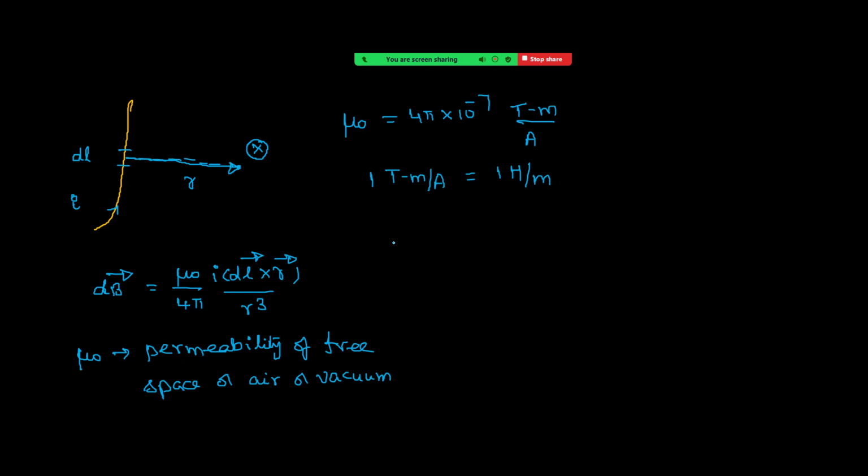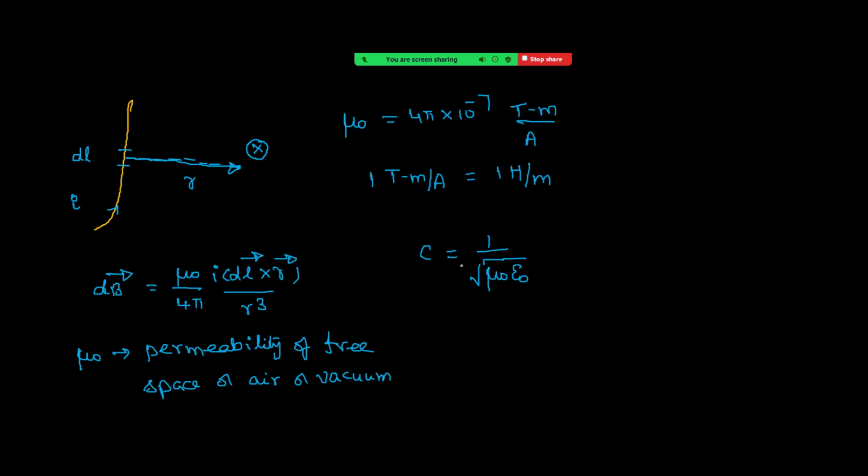Epsilon naught is known as the permittivity of free space, or vacuum, or air. The speed of light c equals 1 upon root of mu naught epsilon naught. This is a relation connecting c, mu naught and epsilon naught.